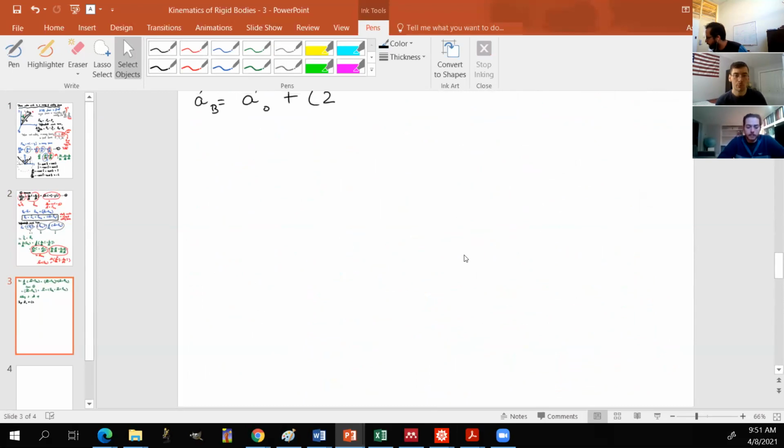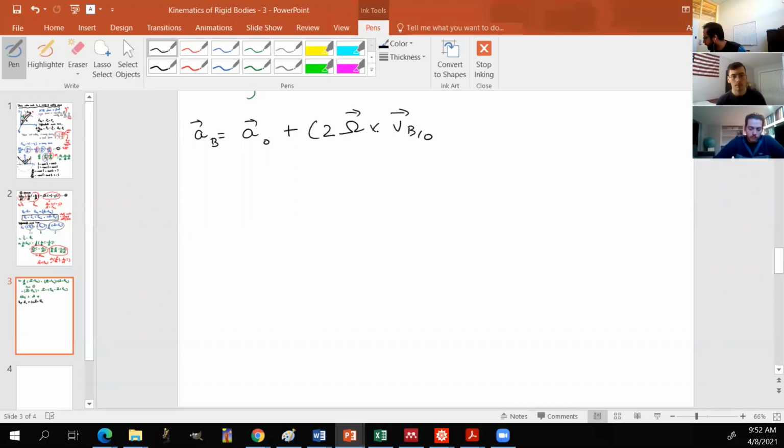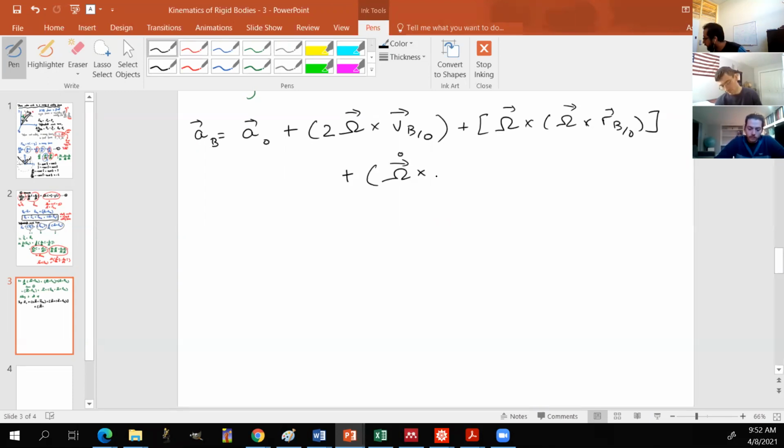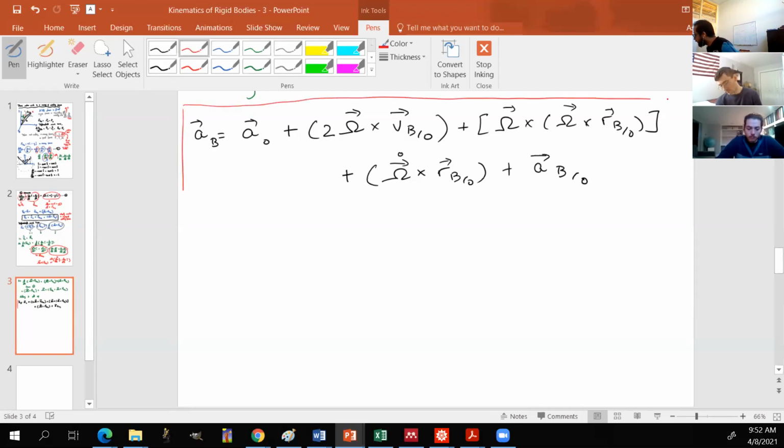So you end up with 2 omega crossed with V of B relative to O. Plus the triple product, omega crossed with omega crossed with R of B relative to O. Plus, not done yet, omega dot crossed with R of B relative to O. Plus the acceleration of point B with respect to O. Another acceleration equation to end all acceleration equations.